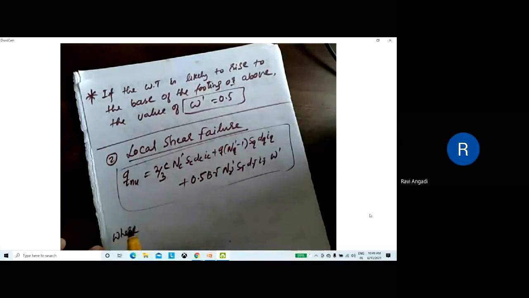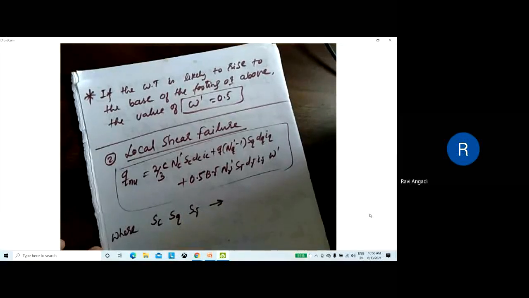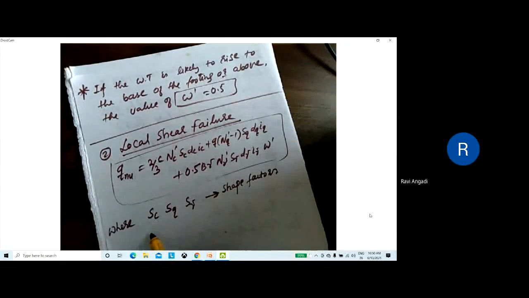Where Sc, Sq and S gamma, these are what? Shape factors. Then Dc, Dq, D gamma are what?